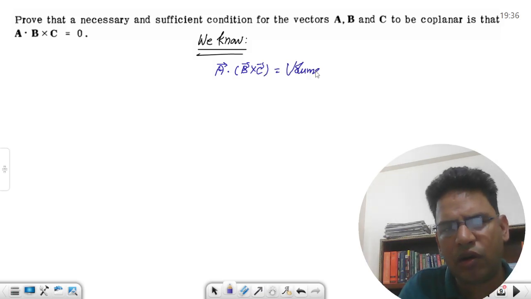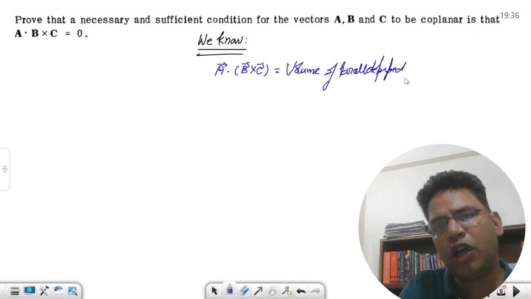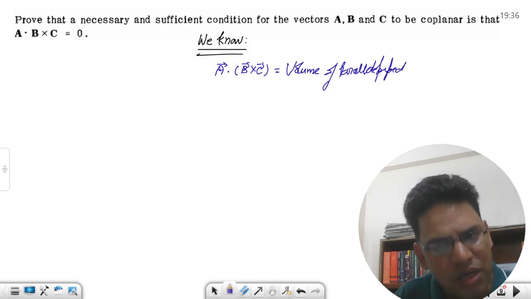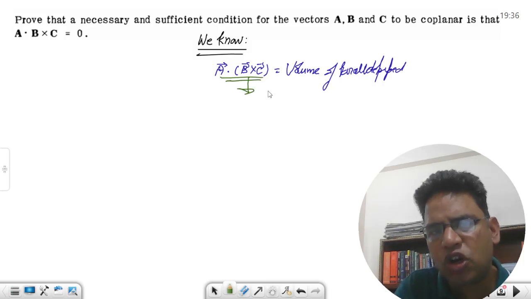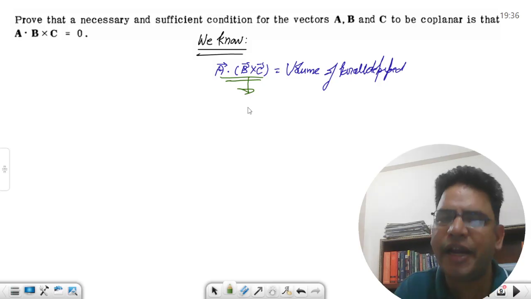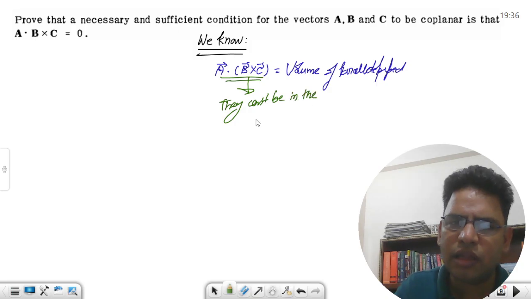Volume of parallelepiped. And whenever you have volume of parallelepiped, you know what is most important here, it means these cannot be coplanar, है ना, कोई तो height होनी चाहिए. They can't be in the same plane.